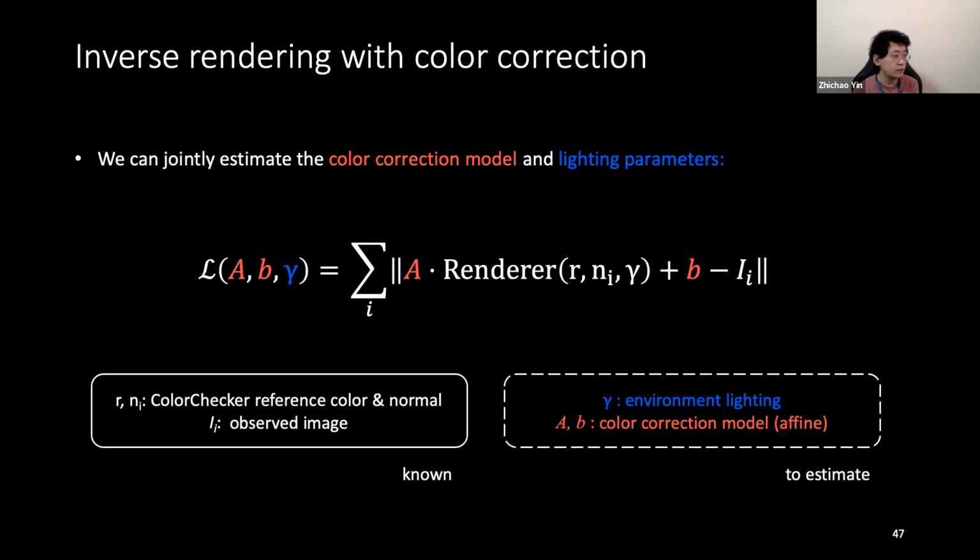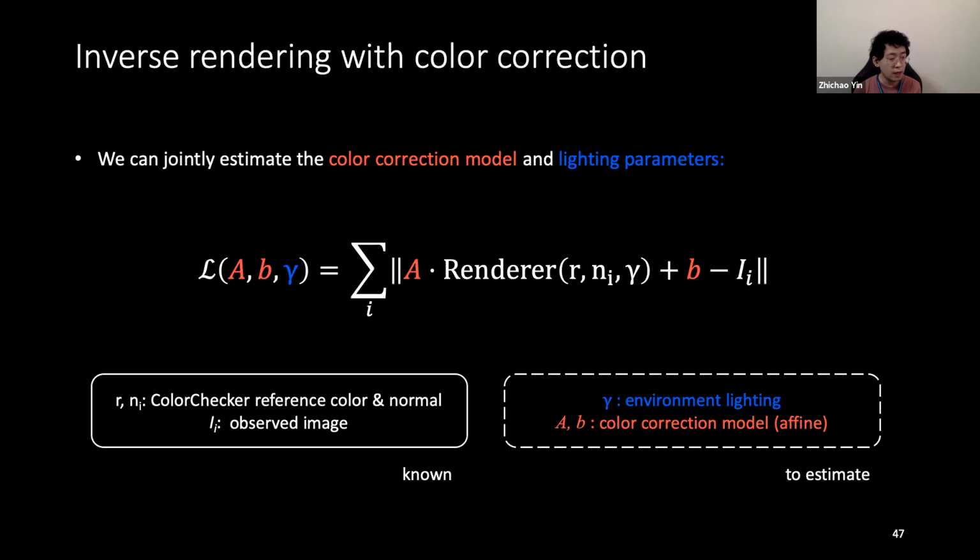Since we have done the color checker detection, we have the geometry of the color checker, so we know the normal vector. We can use the reference color of the color checker, some standard values under a standard D50 lighting, as the albedo. And definitely we know the input image, the observation here.